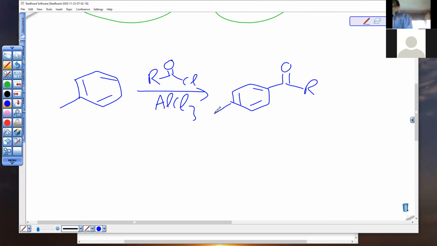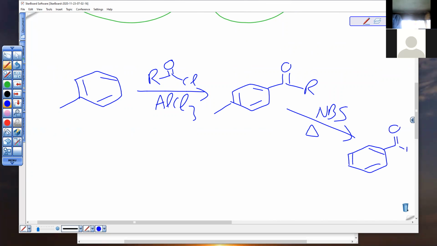And then you could do stuff from there. You could do NBS and heat. This would be a nice way to get the ether on, by the way. And we're para. And you can go RO minus there.